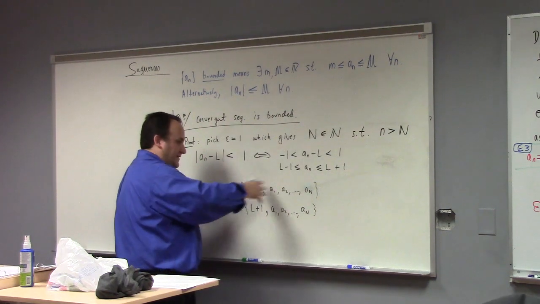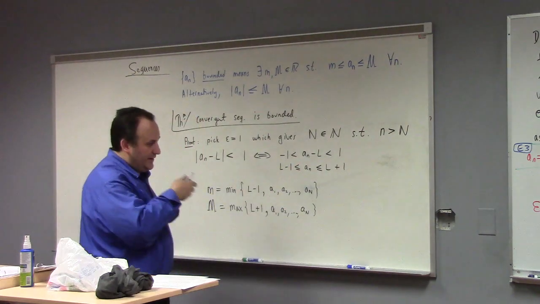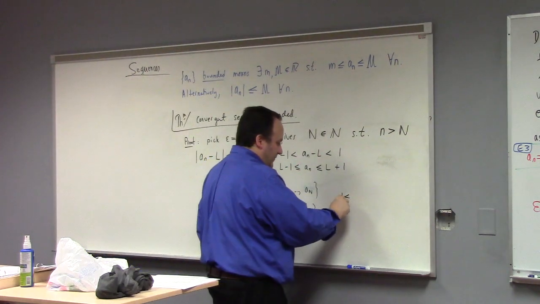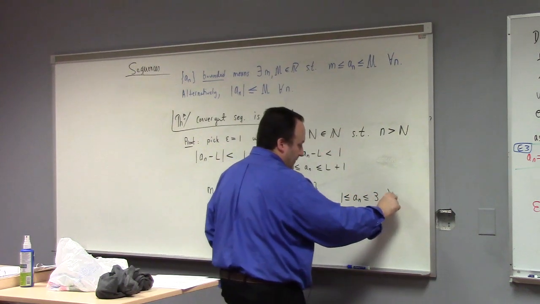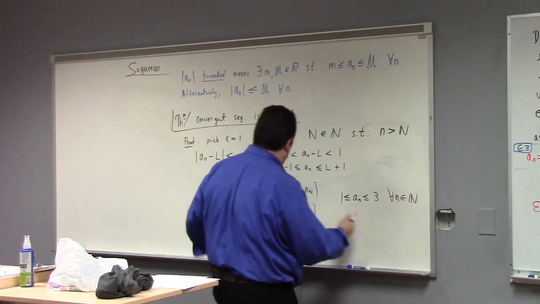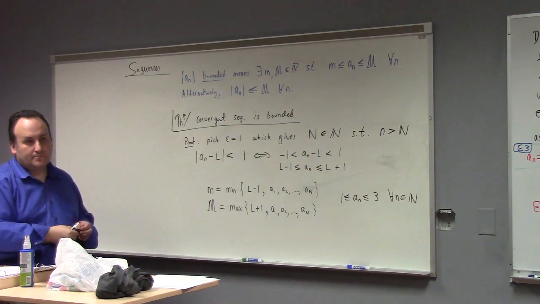So basically, for that example, it simply looks like 1 is less than or equal to A sub n is less than or equal to 3 for all n. That's what this argument looks like when we put it into practice for example 3.